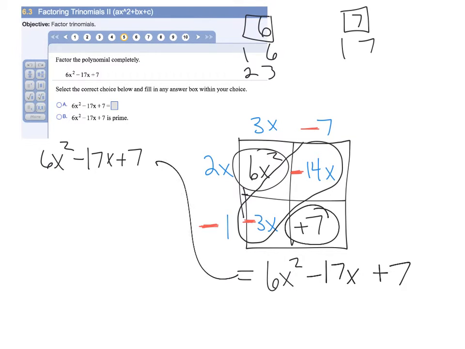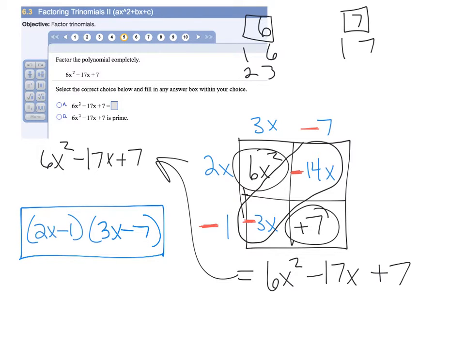So we get exactly what we were looking for. So what does that mean our factors are? Well, it means they are 2x minus 1, that's right here, times, and then right here, 3x minus 7. And that is this trinomial factored right here.